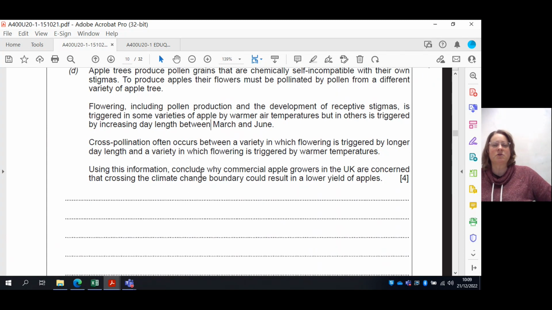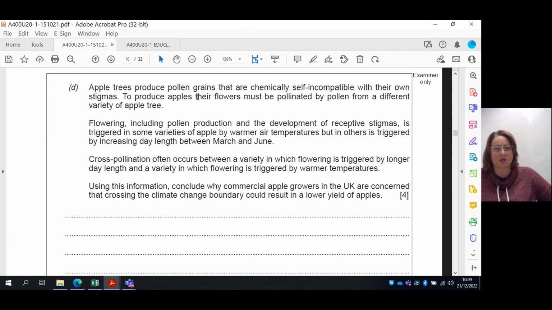Using this information, conclude why commercial apple growers, and it says at the start, the different variety pollination gives you cross-pollination is more beneficial in that context. Using this information, why are UK growers concerned about climate change and why it could give you a lower yield?